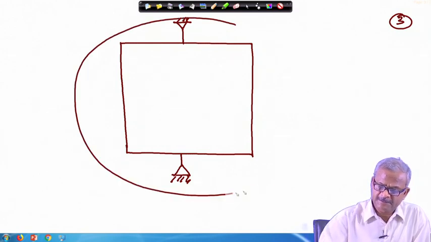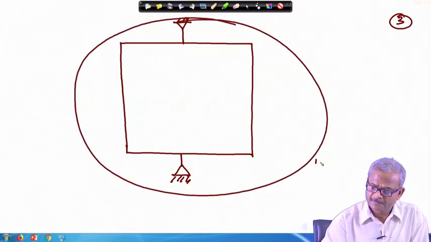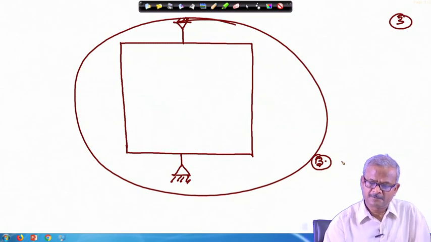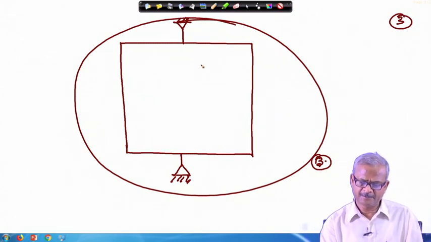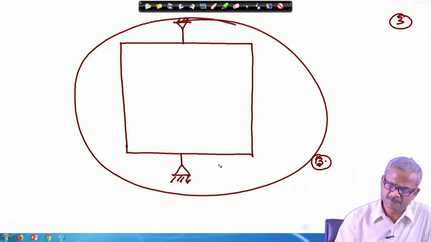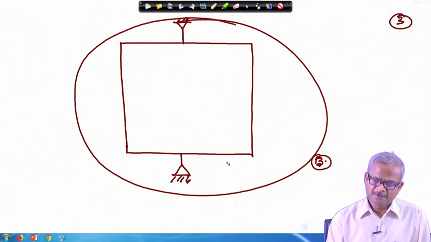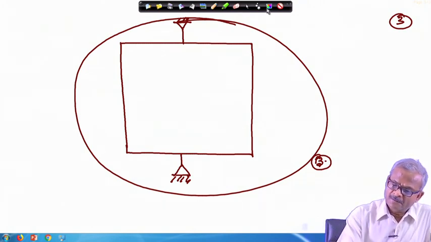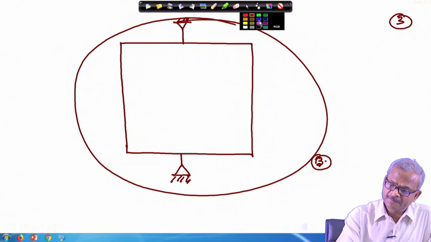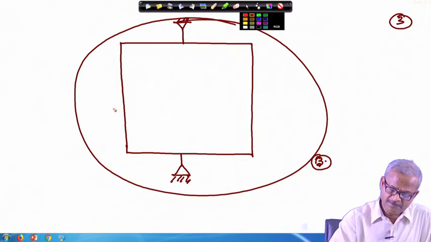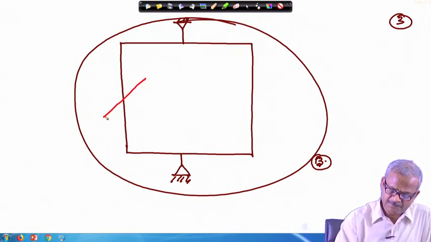So, this is in the satellite body. This is an exaggerated figure, okay, it does not consume so much space. Thereafter, we have the inner gimbal which I have shown like this.